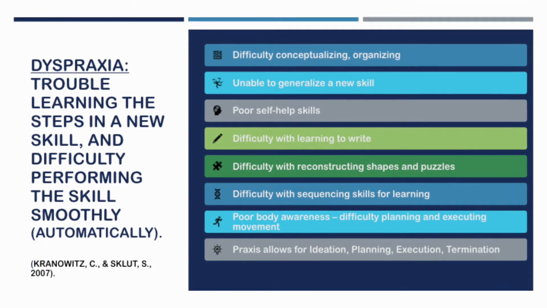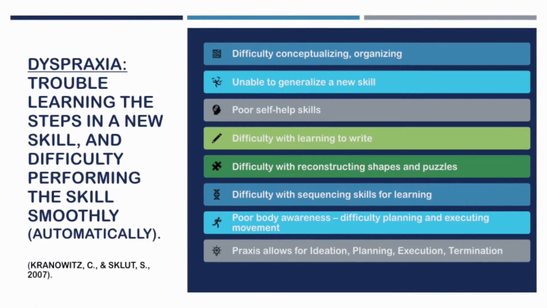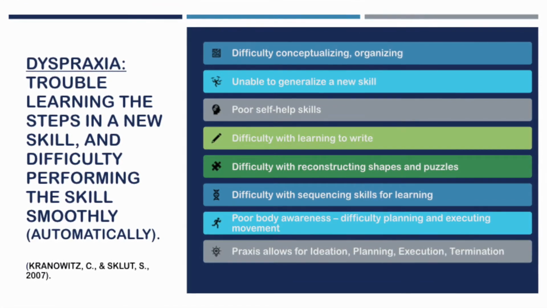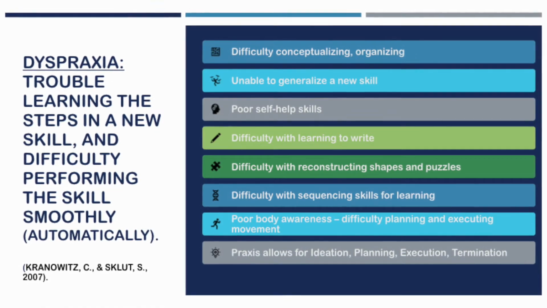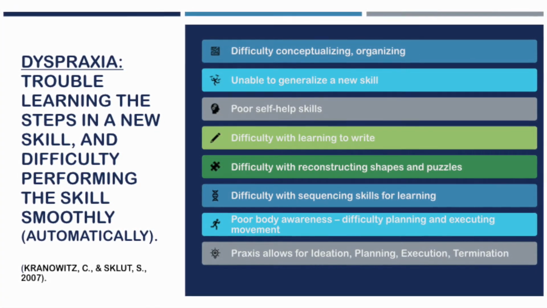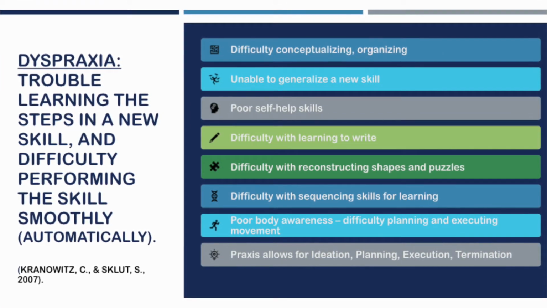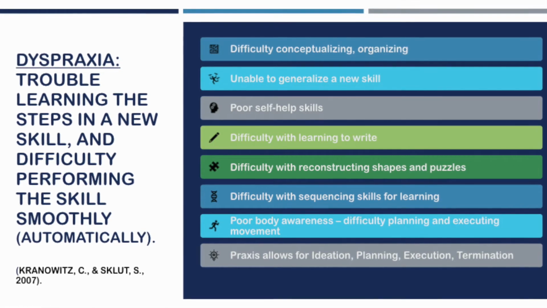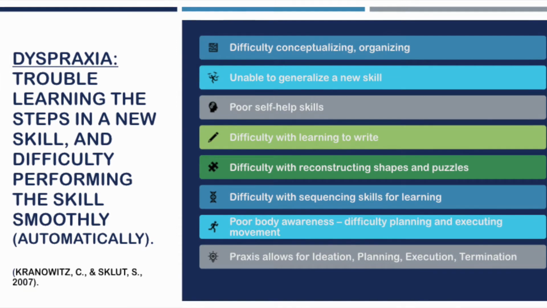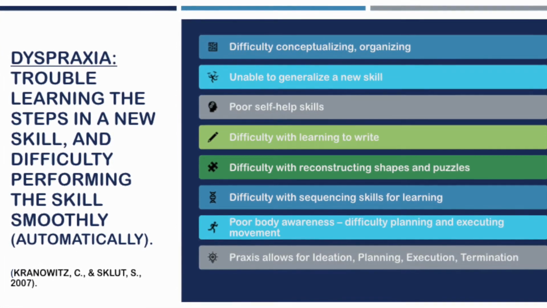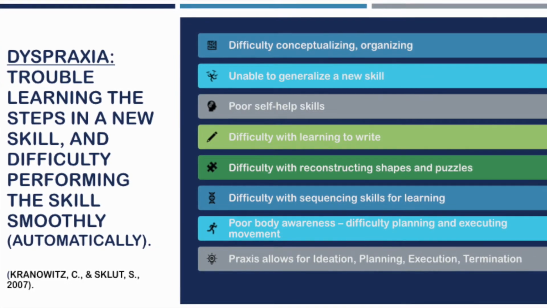These students normally have difficulty conceptualizing and organizing information in the brain, are unable to generalize a new skill, and have poor self-help skills, difficulty with learning to write, difficulty with reconstructing shapes and puzzles, difficulty with sequencing skills for learning, poor body awareness, and difficulty planning and executing movement. Praxis allows for ideation, planning, execution, and termination of an activity.